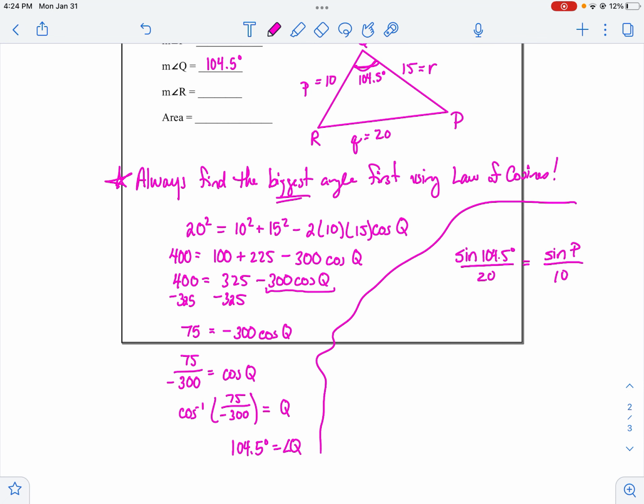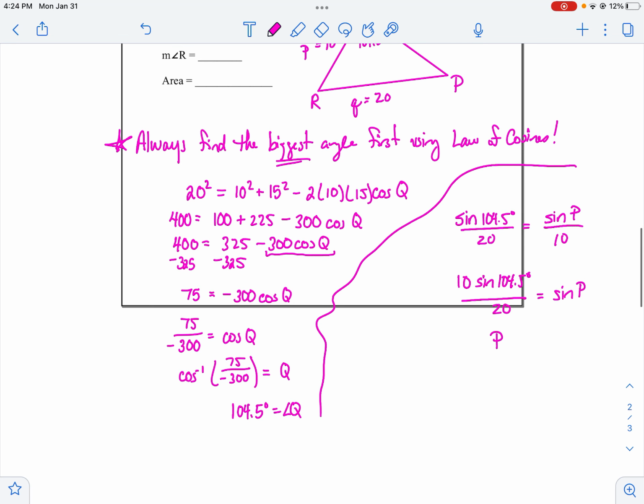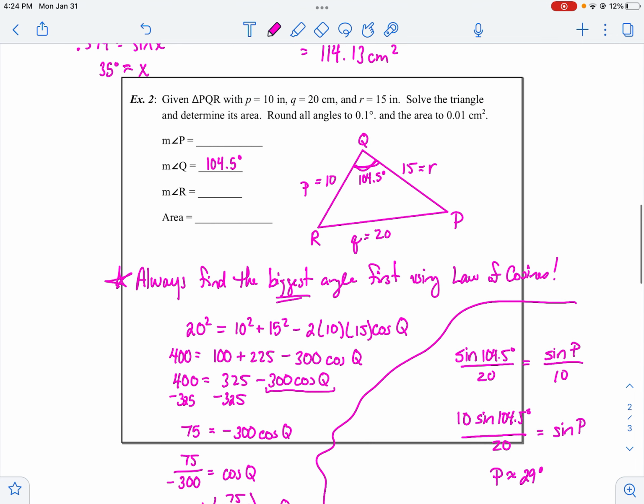So I multiply the 10 over. I get 10 sine of 104.5 over 20 equals the sine of P. If I take the inverse sine, I find out that P is about 29 degrees, okay?